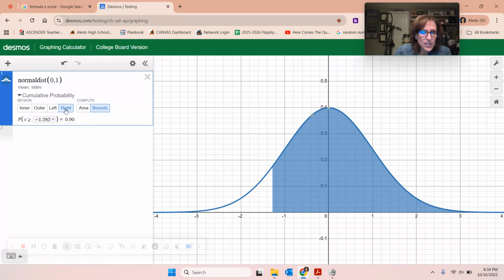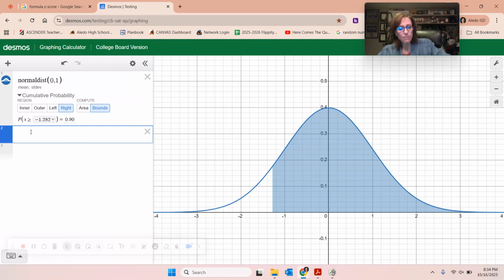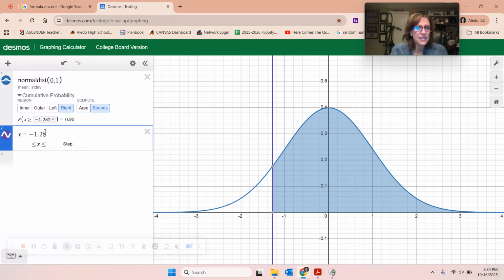Interesting. Okay, see, look, if I have 90% to the right, then my Z-score is located here at negative 1.28. It's down here below the mean, so I got negative 1.28 is my Z-score.